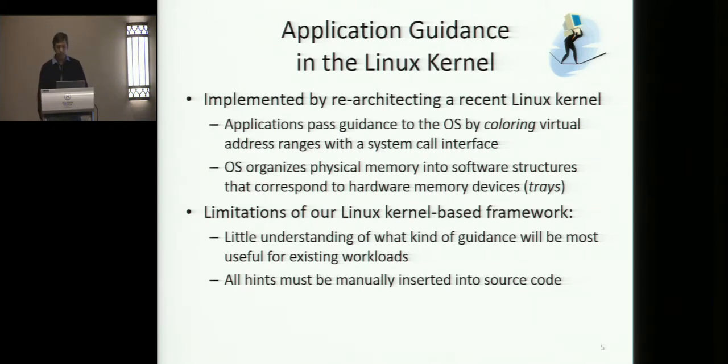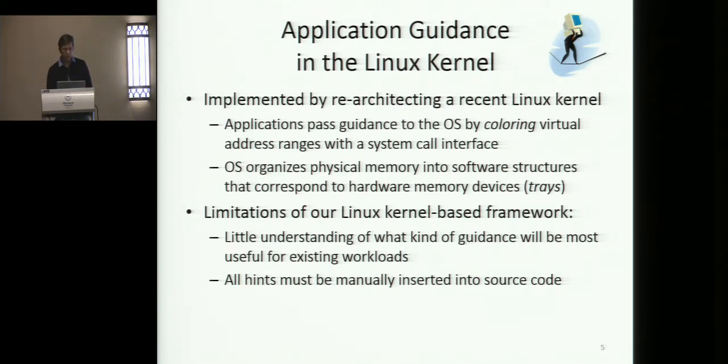In the operating system, the OS organizes its physical memory pages into software structures that correspond to the system's power manageable memory devices. These structures are called trays, and they facilitate the allocation and recycling of physical memory over power manageable units. Together, these capabilities can be used to implement collaborative memory management policies and increase efficiency for many applications.